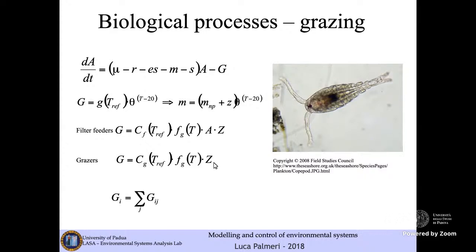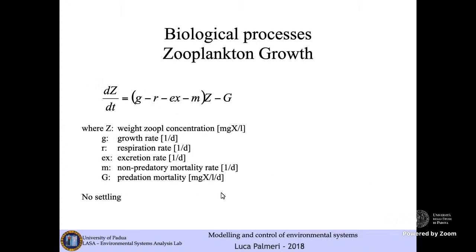If you have several grazers that are feeding on the same algal pool, then you may make this effect explicit by employing different values of a grazing process, and you may summarize the effects onto a single value.